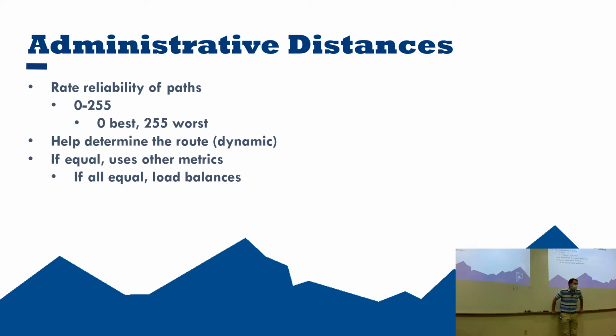Measuring in milliseconds, it's not going to be much different. Number of hops, that could certainly be the same. And there's a couple other things we could look at as well. It's very possible they could all be the same. If we do have that case occur, then we're just going to use load balancing. So sometimes it'll go one way, sometimes it'll go another way. And there could be more than 2 potential paths. So, basically just load balance everything. Does that make sense?